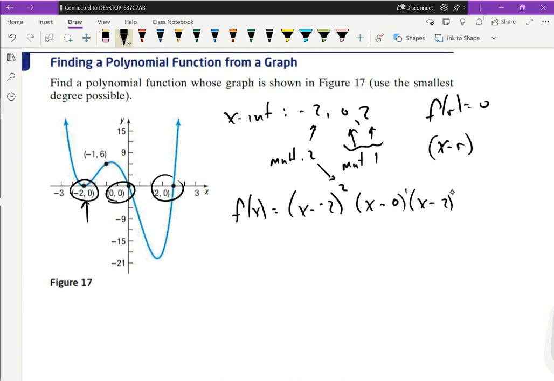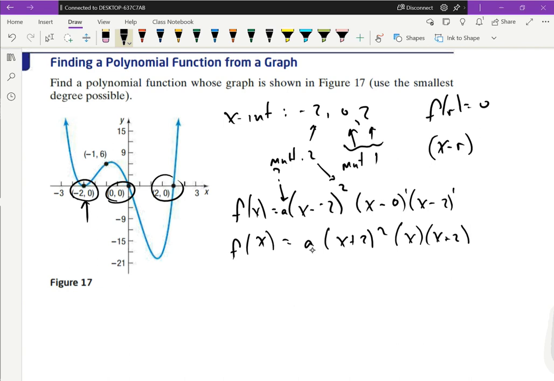Each of these technically has multiplicity 1, but generally we don't write the 1s because that's extra information. Then we could have a leading coefficient out front, which we don't know yet, so we'll call it a. So f of x equals a multiplied by x plus 2 quantity squared, multiplied by x, multiplied by x minus 2.